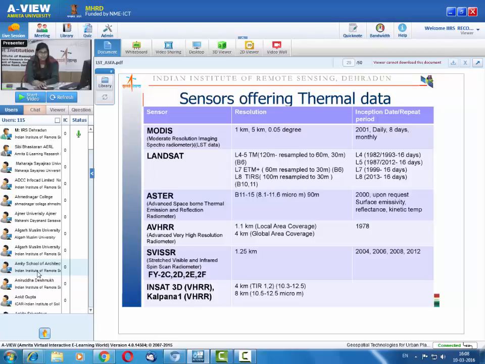Aster has 4 bands, as I said, and others can be used for global area coverage and local area coverage. Local area, again, it is in kilometers, so it cannot be used for urban studies. Then INSAT 3D, 4 kilometer, 8 kilometer cannot be used for urban studies.